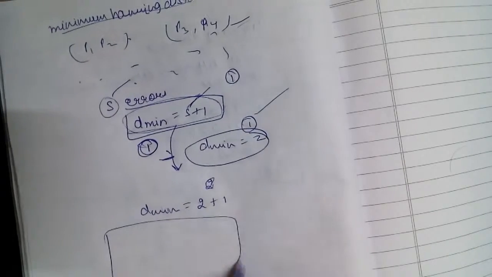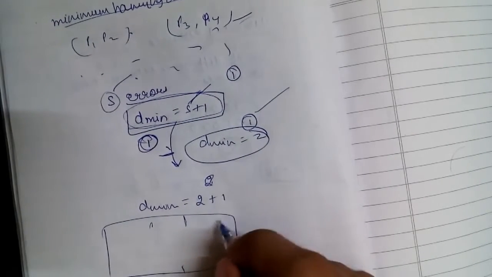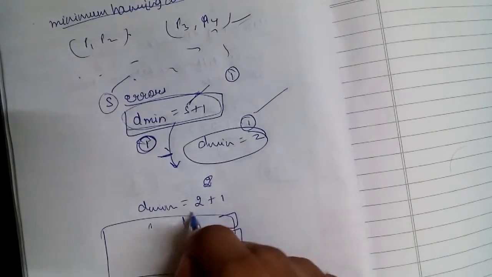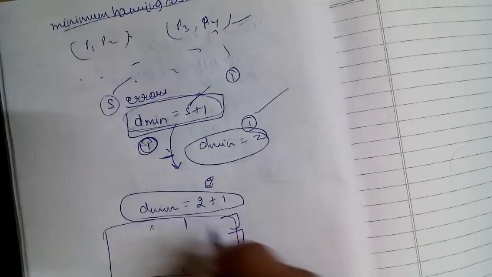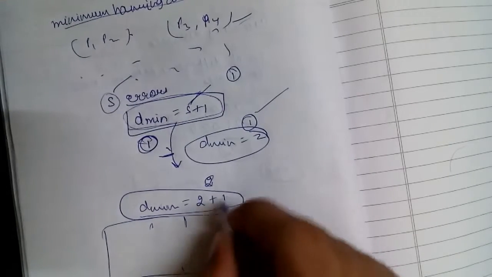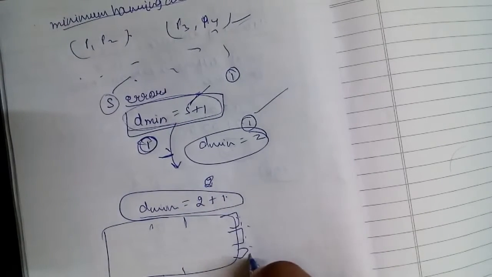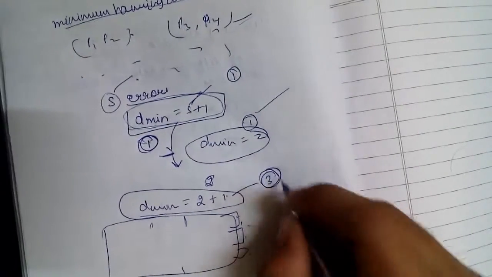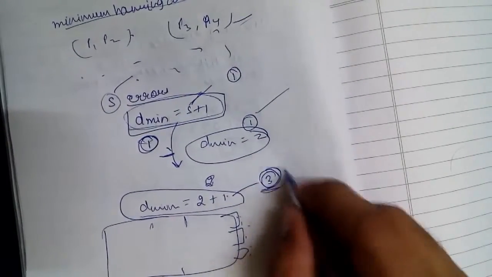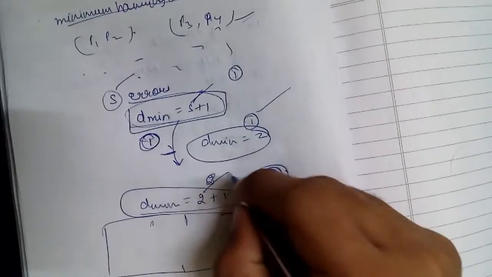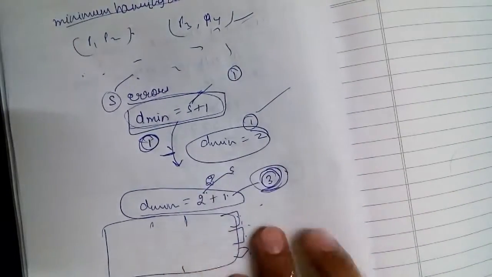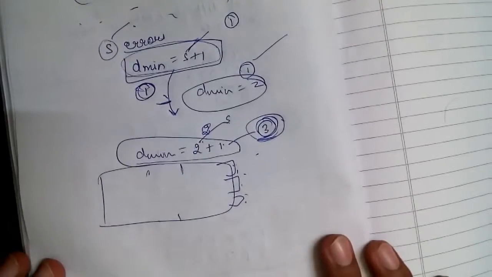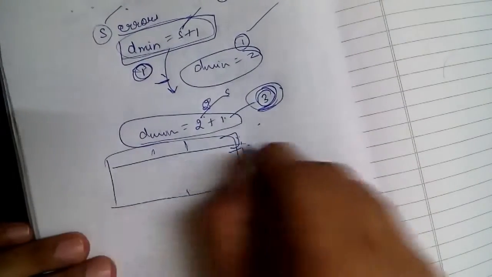So the code word table we create, and by finding the minimum distance between each pair, after finding the minimum of those Hamming distances, it should be not less than this 3 to detect, if you want to detect S, that is 2 in this case. So this is about detection.